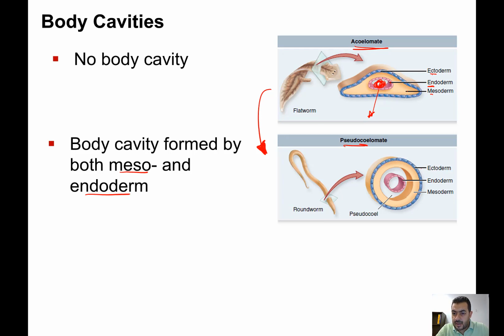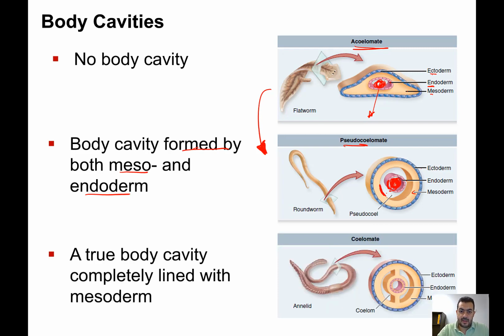Again, here we have the gut, and here we have what is called the pseudocoelom. If you focus on this white area, you'll find that it is actually in between two layers. This one shown in beige color and this one shown in pink. The beige color is the mesoderm, the pink color is the endoderm. That's why we say this body cavity is surrounded by both the endoderm from inside and the mesoderm from the outside.